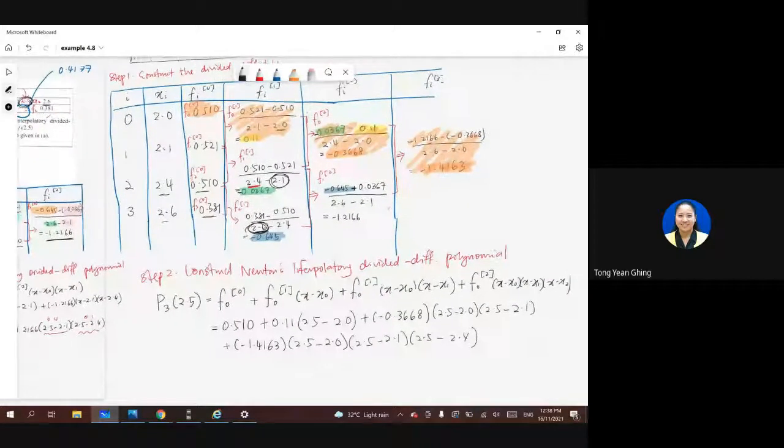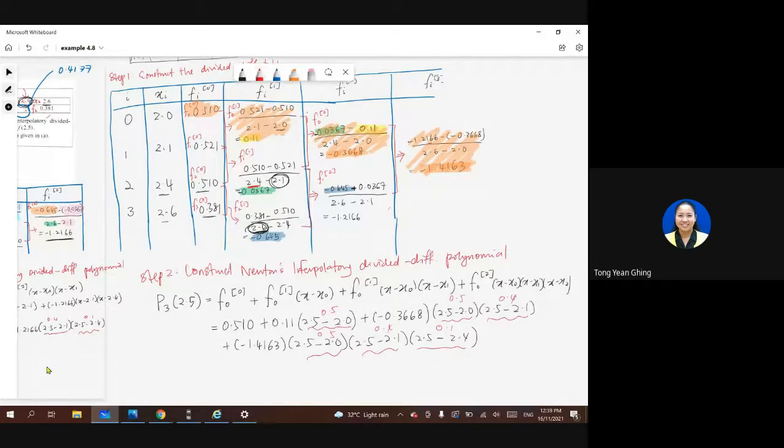So it is like this. This one is 0.5, this one 0.5, this one 0.4, and then this one 0.1, 0.4, 0.5.